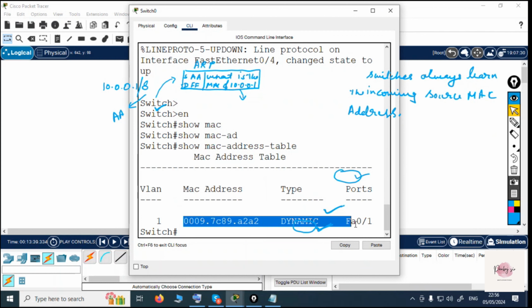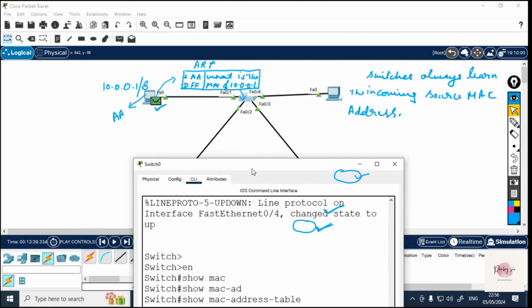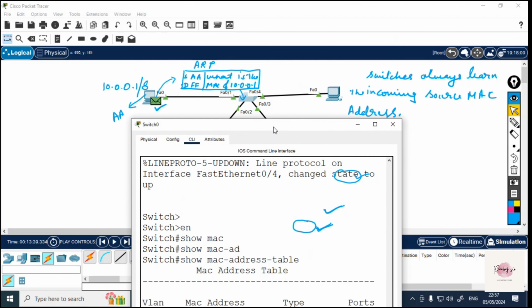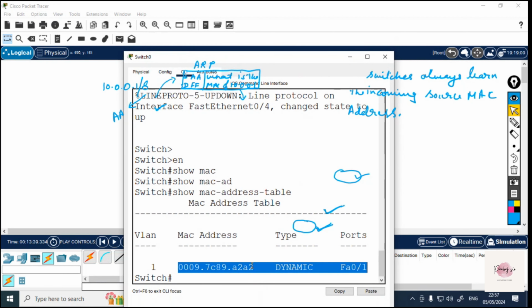This one it has learned. Why? Though it is not showing in the simulation, in real time the packet has reached the switch, and it has learned that some packet has arrived at F0/1 and the source MAC address is this. This is the source MAC address.